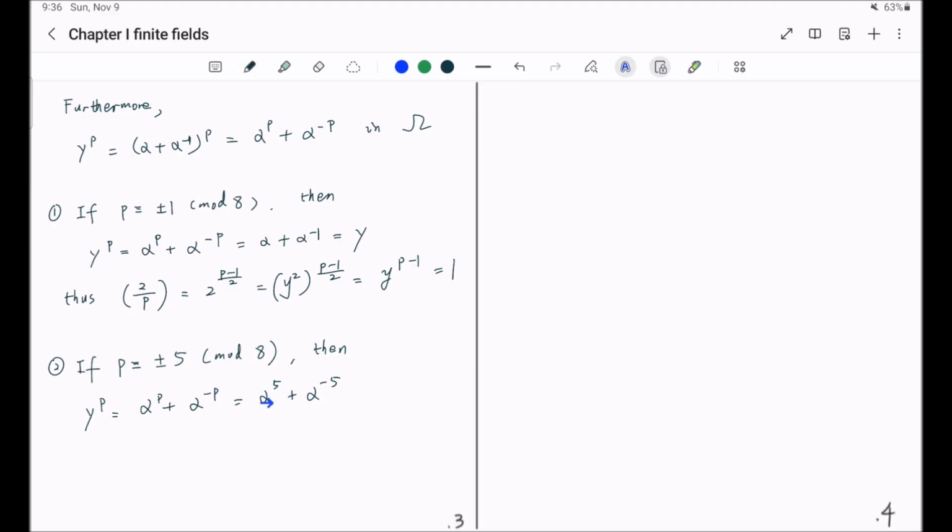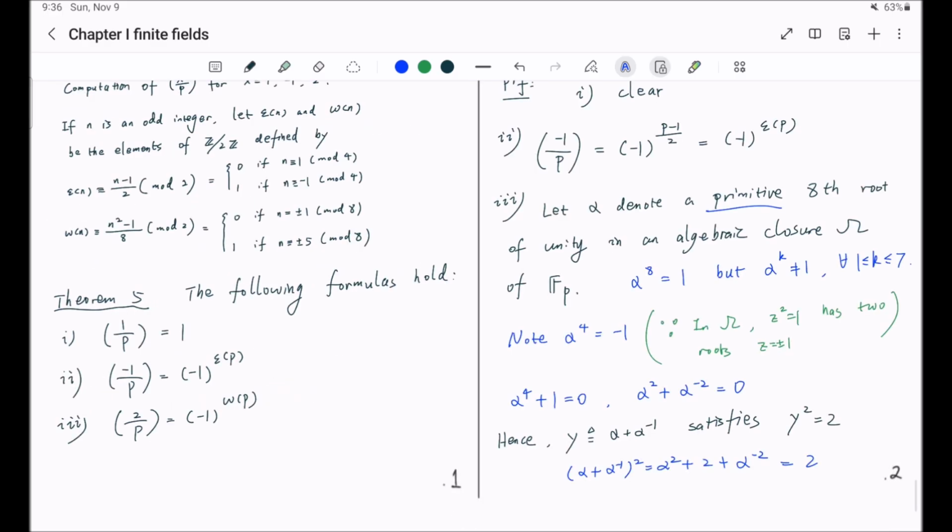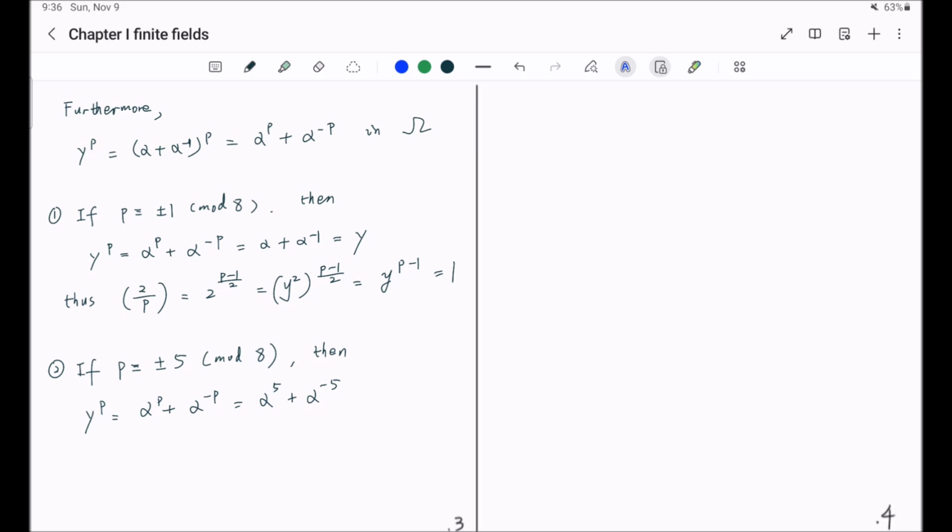But we can further reduce this, because alpha to the fourth power is equal to negative 1. So this becomes negative alpha, where that negative 1 comes from alpha to the fourth power. And the second part becomes negative alpha to the negative 1. But what is this? This is precisely negative y.